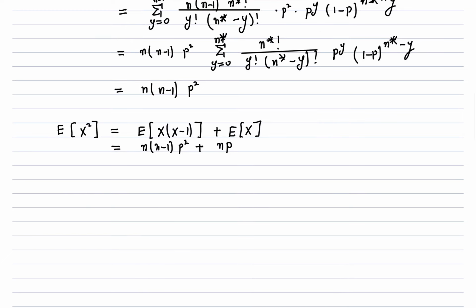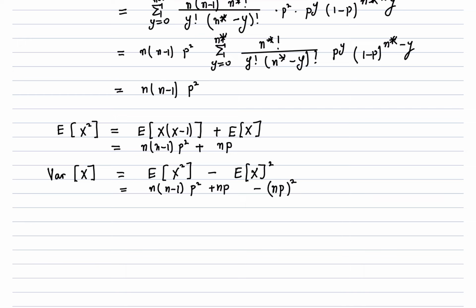And finally, after all of that algebraic manipulation, we can come up with the variance of x, and the variance of x, by definition, is the expected value of x squared minus the expected value of x all squared, which is now going to substitute in our expression n minus 1 p squared plus np, that's the first part of the expression that we had, minus expected value of x all squared, that is minus np all squared.